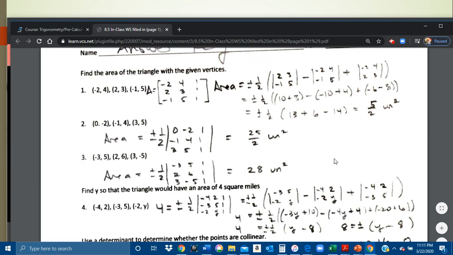All right, let's take a look at number 4. Find y so that the triangle would have an area of 4 square miles. So here are my points: -4, 2, 1, -3, 5, -3, 5, 1, and then -2, y, 1. And that's going to be equal to 4 square miles.